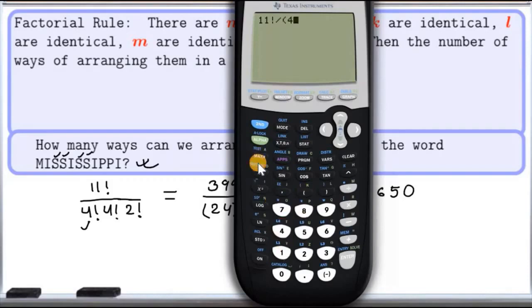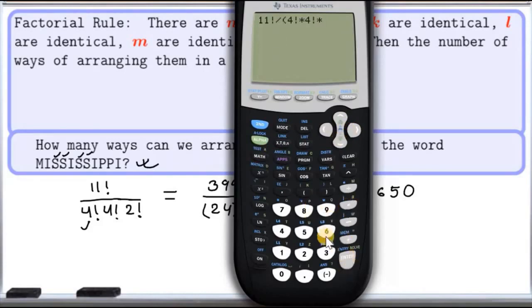Go to math, go to probability, then come down to number 4, then hit enter. So we need times 4, go to math, go to probability, come down to number 4, hit enter.